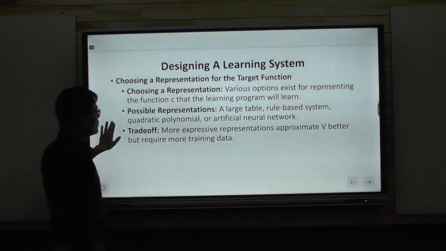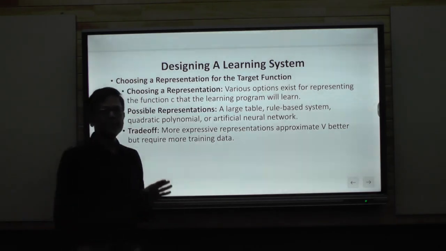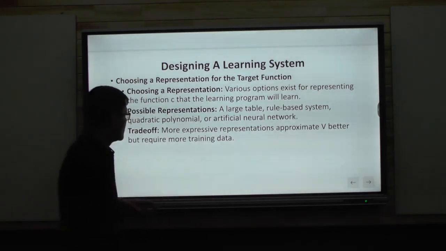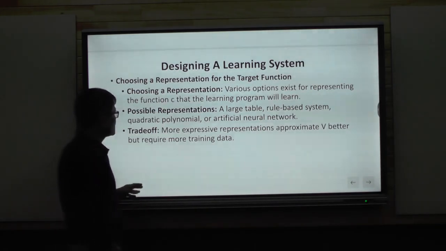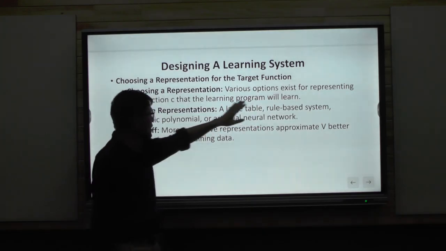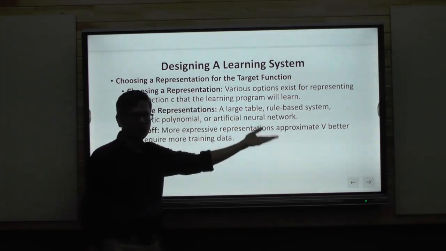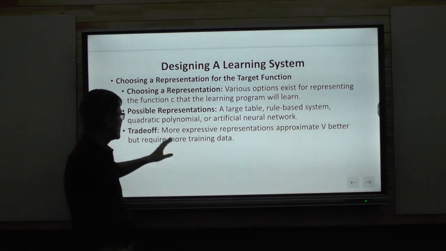Now, for this target function, you have to choose the representation. Various options exist for representing the function that the learning process will learn. We'll see those options in the next 2 slides.